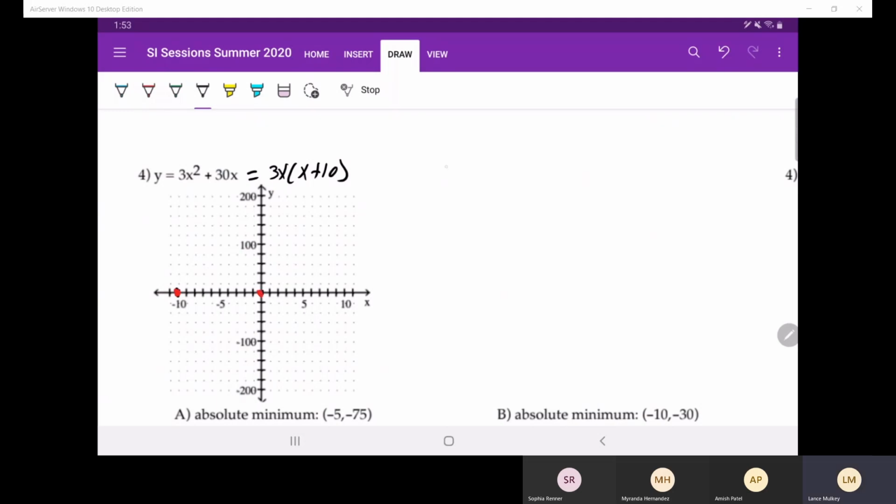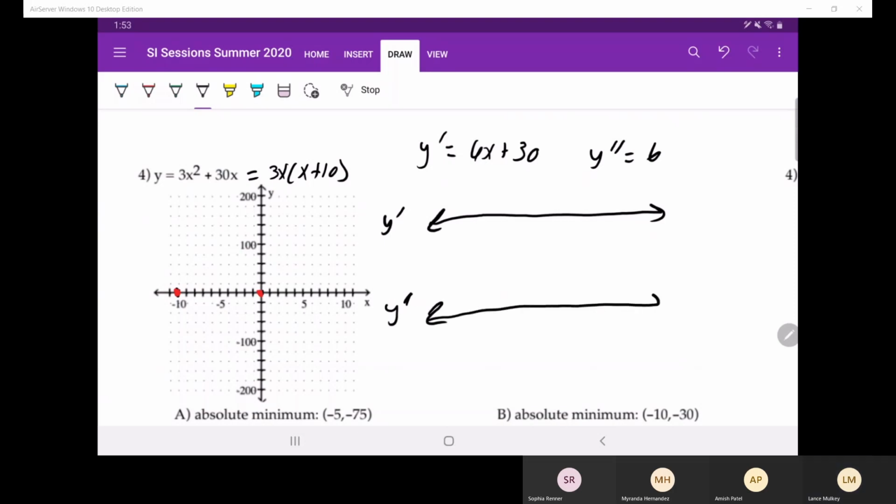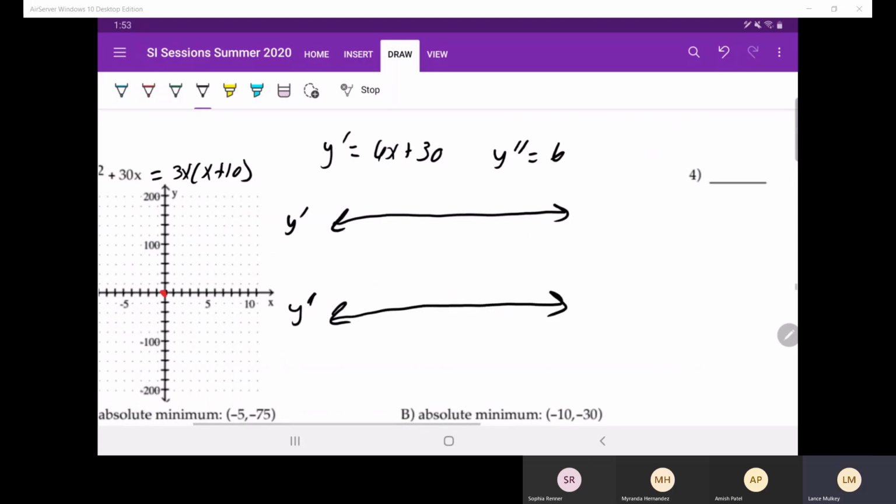Now we need to find the extreme points. So we'll find the derivatives. Use the power rule. And so now draw your number lines. We set the first derivative equal to 0.